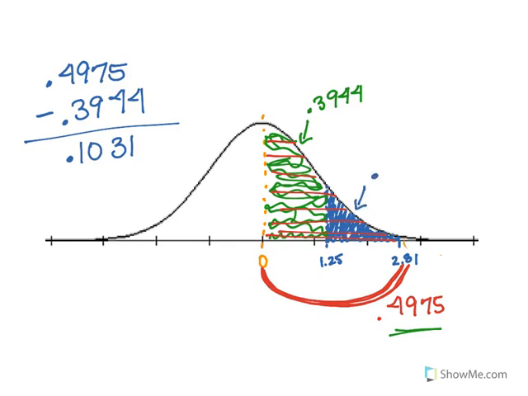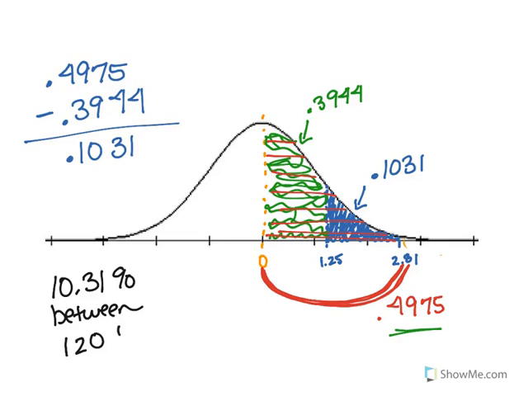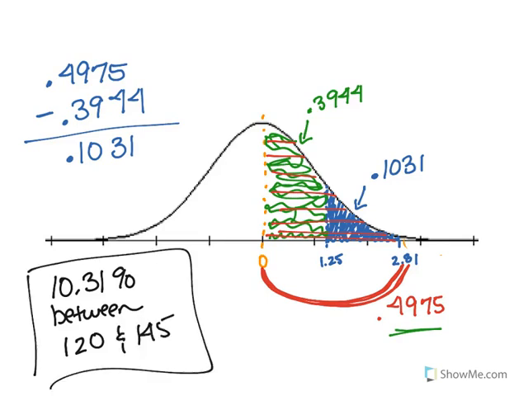So this piece in blue would be 0.1031. So answering the question, we would simply say that 10.31% of the IQs fall between 120 and 145.